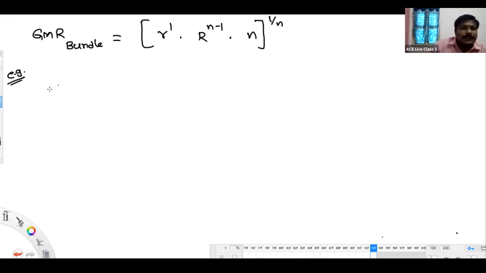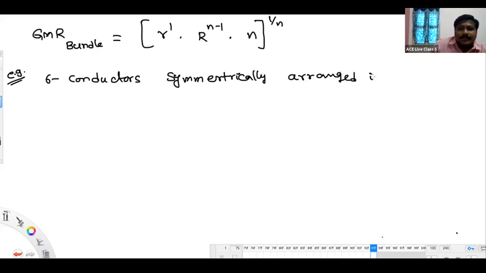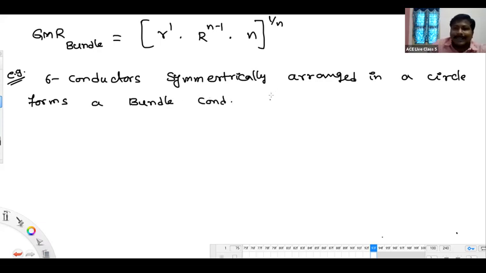Six conductors symmetrically arranged in a circle form a bundle conductor.